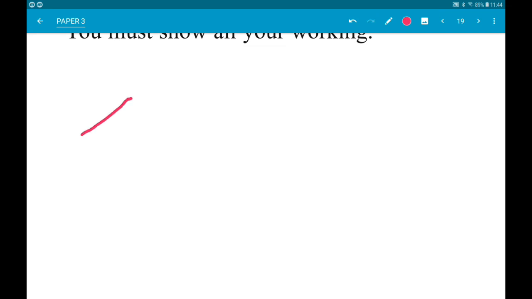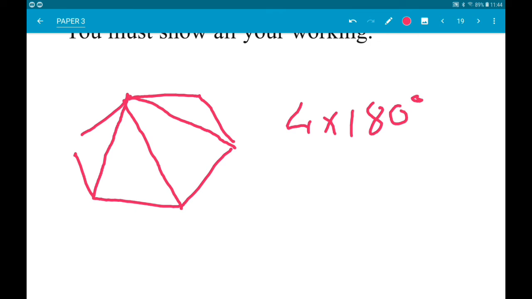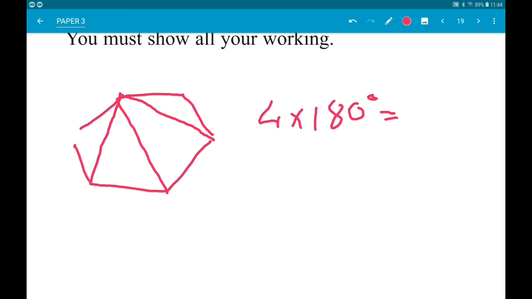Draw a hexagon. From one point, draw straight lines to every other corner. Like that. Now what we've done is create 4 triangles. The angles in a triangle add up to 180. So a hexagon has 4 times 180 degrees, which is 720.